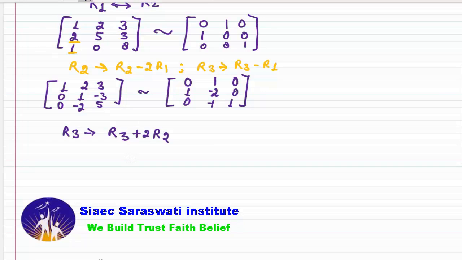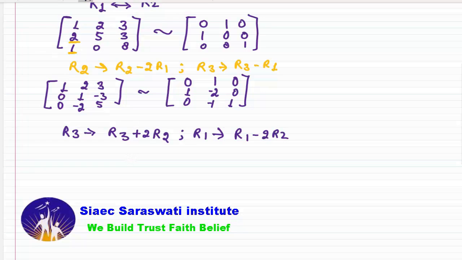And as well we can apply that R1 implies R1 minus 2 times R2.